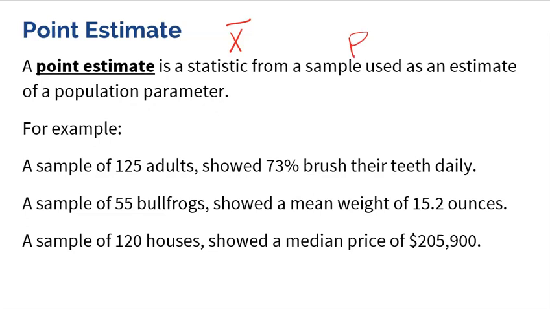Or we're looking at a p hat, that is a sample proportion, a proportion found from a sample that we are really hoping is going to help us estimate a true population proportion. These numbers are called point estimates. They're single values from one sample that we're hoping will point us to the truth.